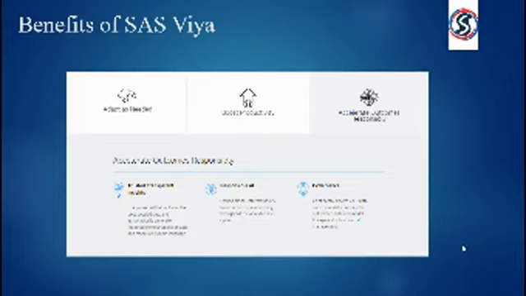And the final part is governance, which is also very important, where you can confidently govern your data, models and decisions with automated data and model lineage and robust model management. There is good governance when it comes to SAS Viya, right?